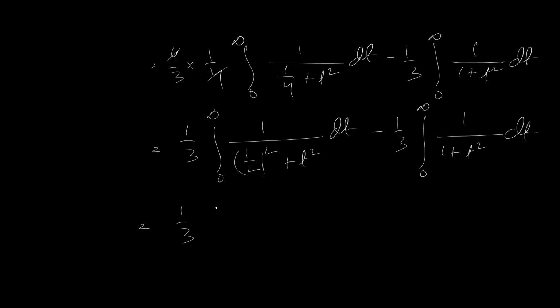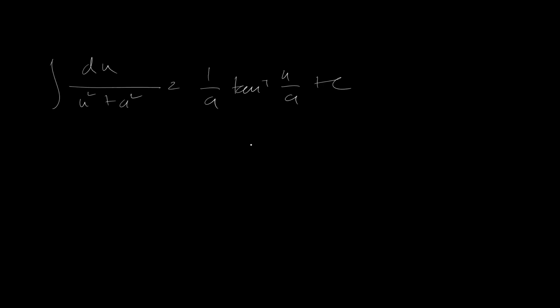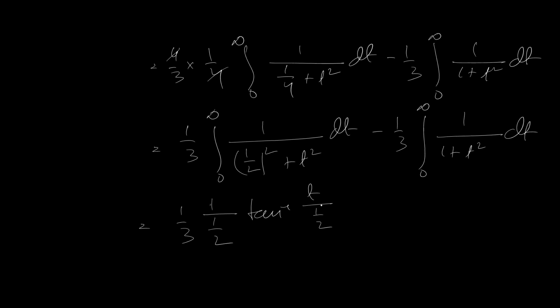Here a is 1 by 2, so 1 by 1 by 2 tan inverse t by 1 by 2, yes, tan inverse t by 1 by 2, x by a, so t by 1 by 2, so this is minus 1 by 3, again here tan inverse t by 1, that is ultimately it will be t.